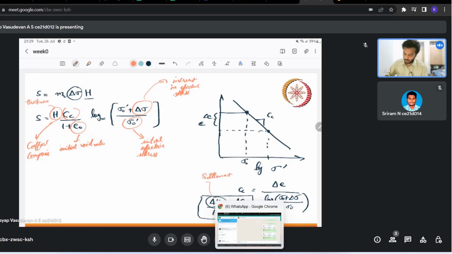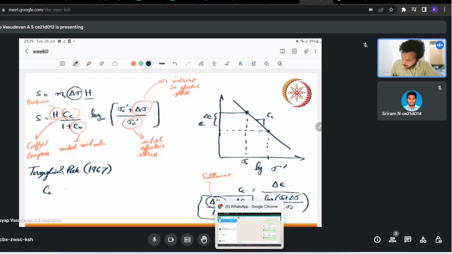Okay, so how do we find Cc now? There are different empirical relations found through research, and different equations are available. One of the most popular is by Terzaghi and Peck, in 1967.